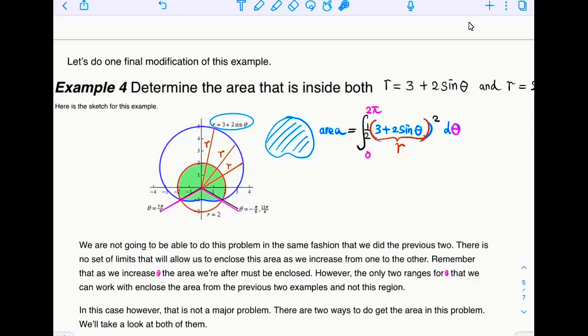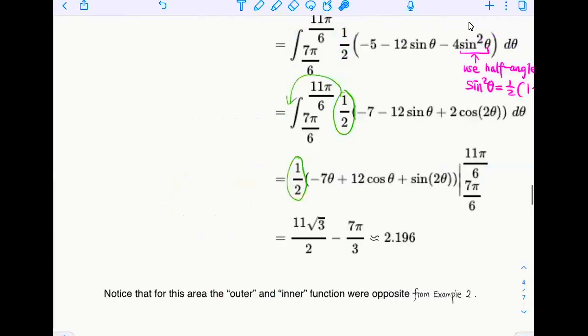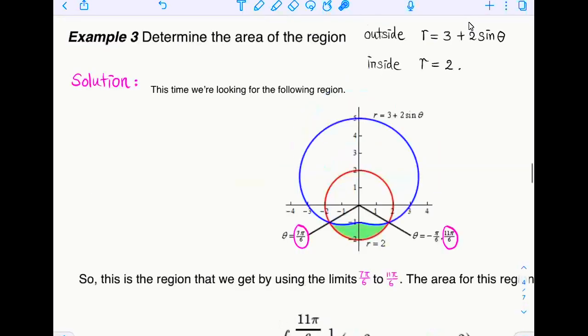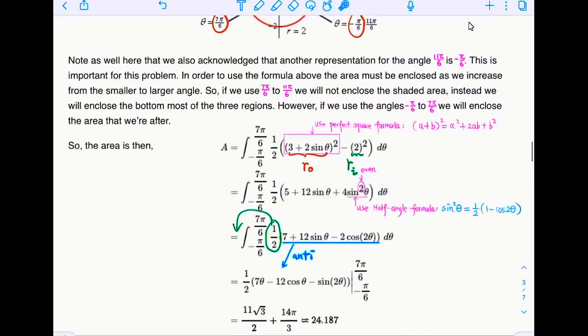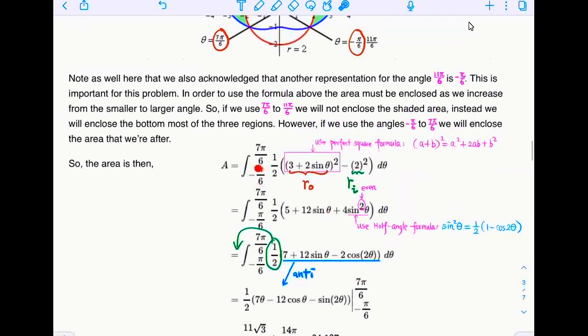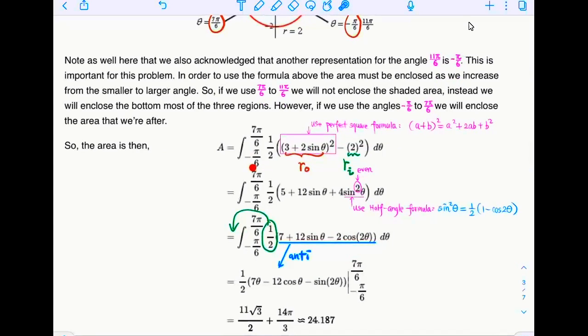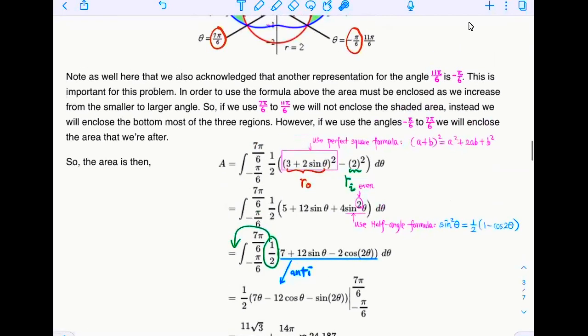You kind of worry about what happened when theta equals negative pi over 6? Actually, that happened here before, from negative pi over 6 to pi over 6. You see this one over here. If it's negative pi over 6 to that, the domain for theta is not necessarily from 0 to 2 pi.